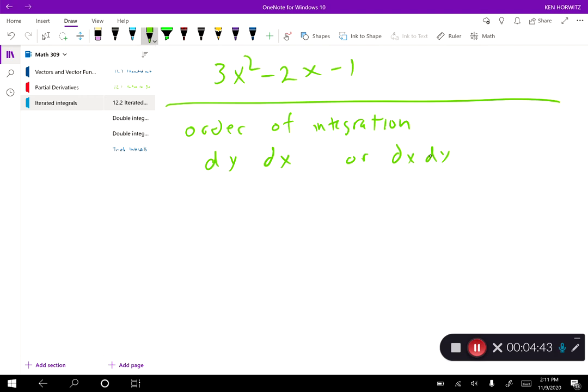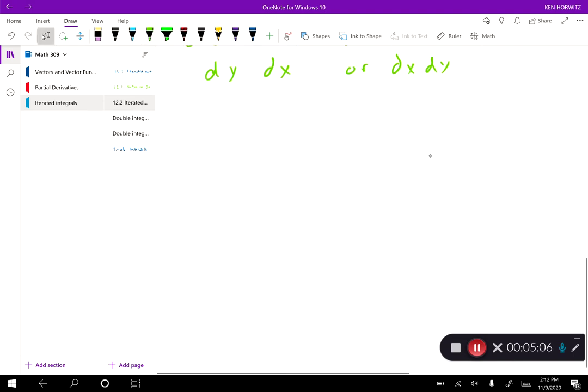I would suggest you do whatever makes the first integral easier. That's going to be the key to success. So over the course of this video, we're going to do a few examples, and I'm going to pass along just some helpful hints that may make doing iterated integrals just a little bit easier. All right, so let's try our first example.